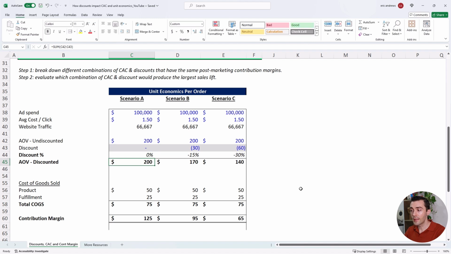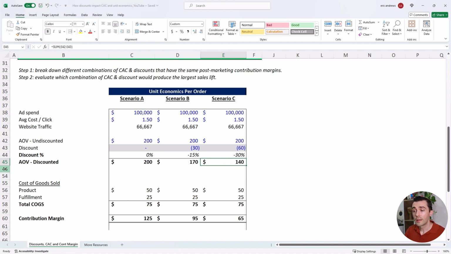In scenario A, it's still $200. Scenario B, it's $170, so you make $30 less per customer. And in scenario C, it's $140. And a lot of people would say, well, I could never afford scenario C because it's such a big revenue loss that I'll lose money. And so we're going to dig into that assumption in this analysis right now.